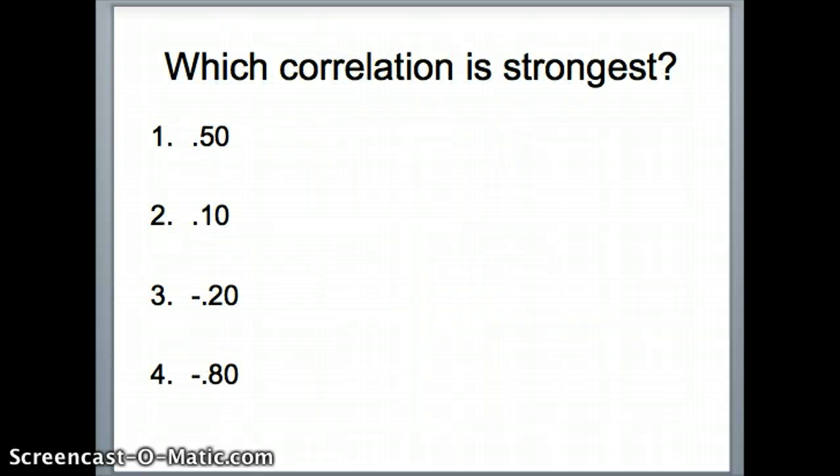So take a look at these correlations and decide which correlation you think is the strongest. Were you tempted by the 0.50 as compared to the -0.80? In fact, -0.80 would be a stronger correlation than 0.50.